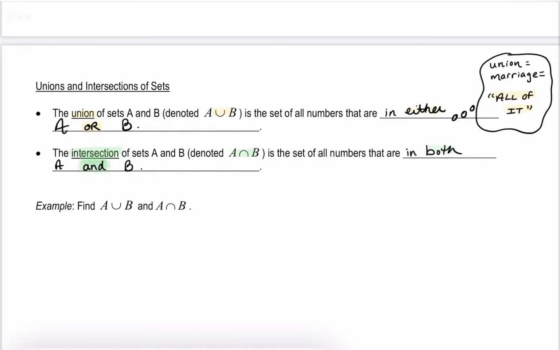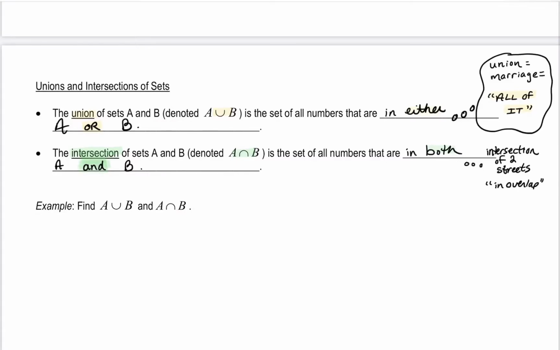When you think about intersection, the most common way that we use it is the intersection of two streets, let's say. If you're standing in the middle of an intersection, this implies that you're in the overlap of both streets.